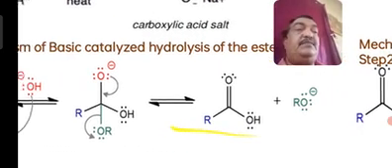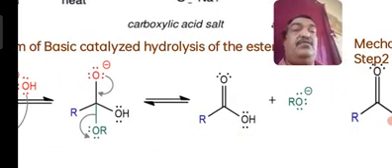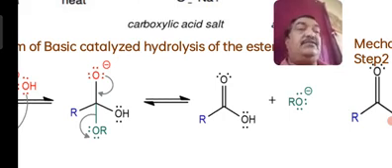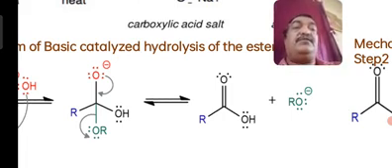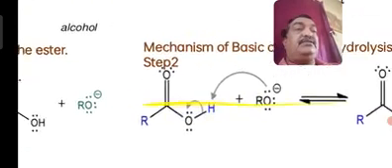Now in the next step what happened, the OR' or OR in general will be eliminated as negative alkoxide ion, RO minus, with totally 6 electrons on the oxygen, and the lone pair of electrons from the oxygen will shift to the carbon to form RCOOH, carboxylic acid, right.